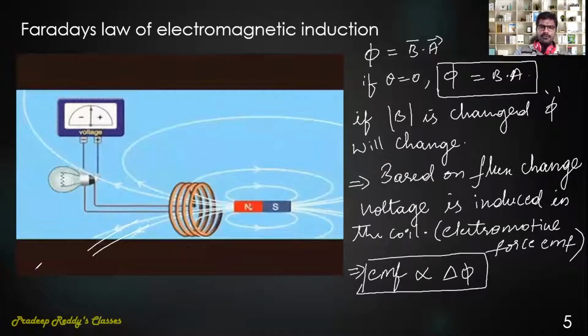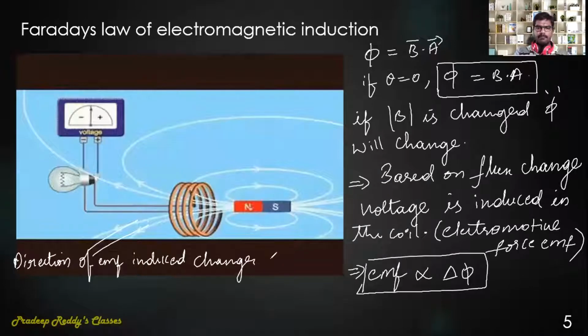Therefore, it is to be noted that direction of EMF induced changes with motion of the magnet, and clearly it can be understood that if the magnet is brought closer, the voltmeter is deflected right side, and vice versa.